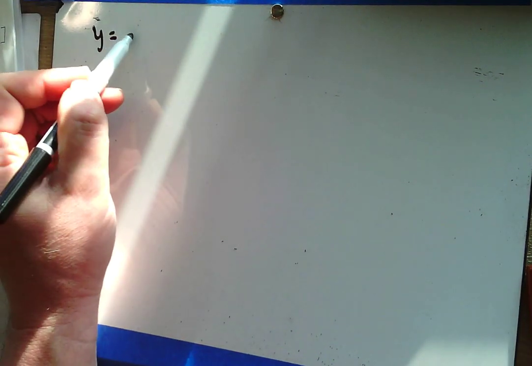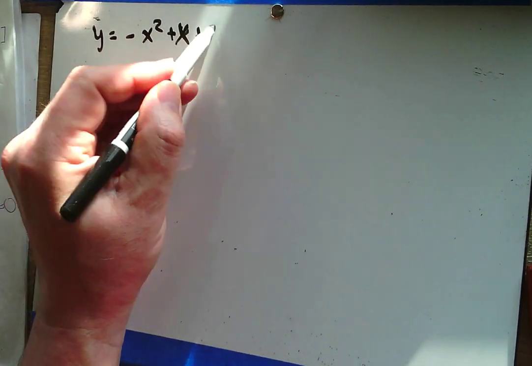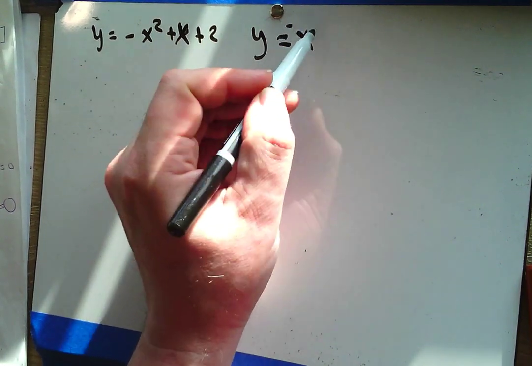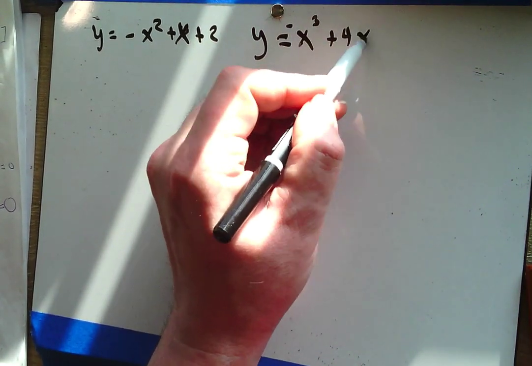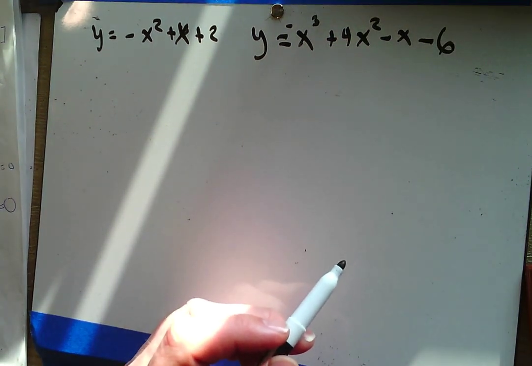Okay, last problem I want to look at with you today is this one. Y equals negative x squared plus x plus 2, and y equals negative x to the third plus 4x squared minus x minus 6. Okay?